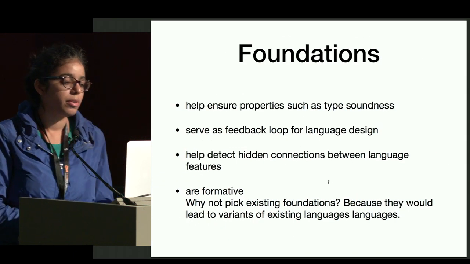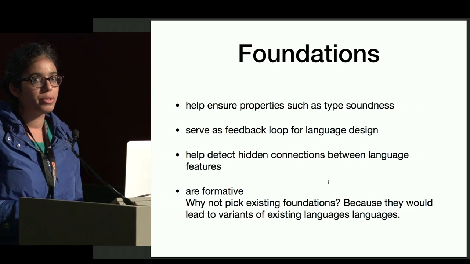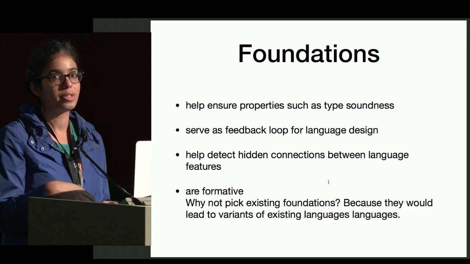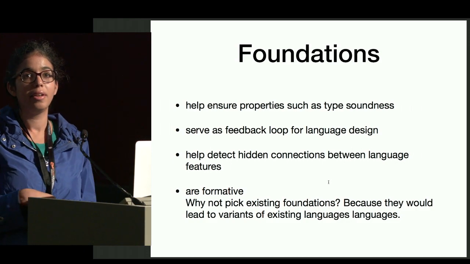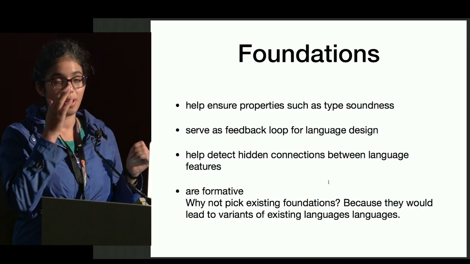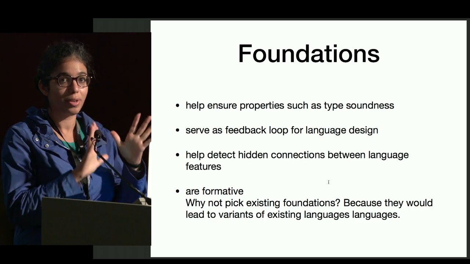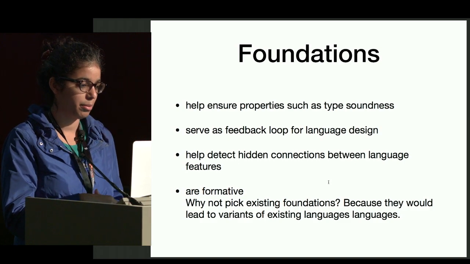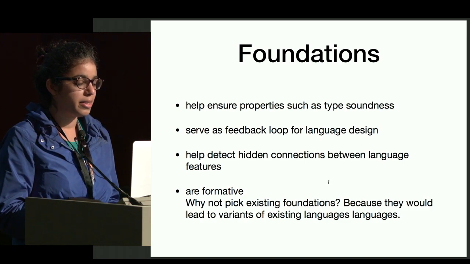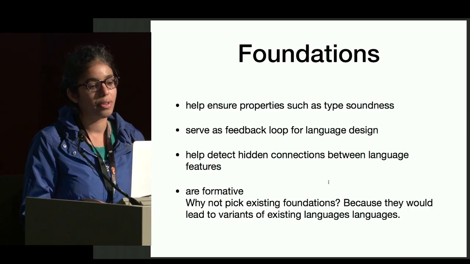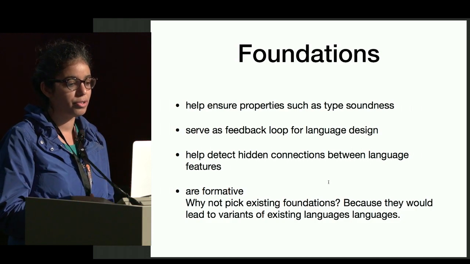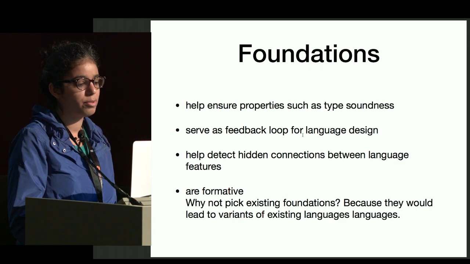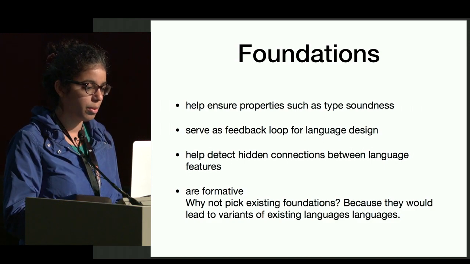Okay, so we want to study foundations, so that first we can ensure properties such as type soundness, ensuring that if you write a program that type checks, then you are guaranteed that certain errors will not happen at runtime. At the same time, by working on this core calculus and trying to design it such that it is sound, this also feeds back into the language design as a whole.